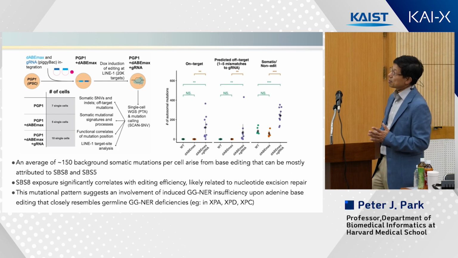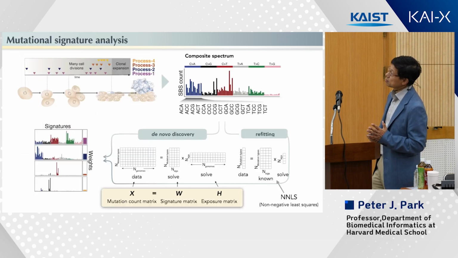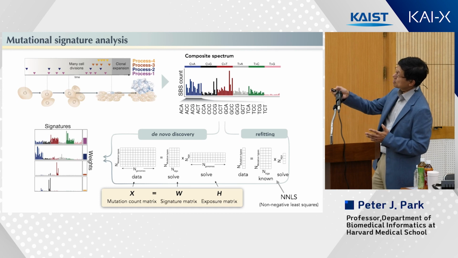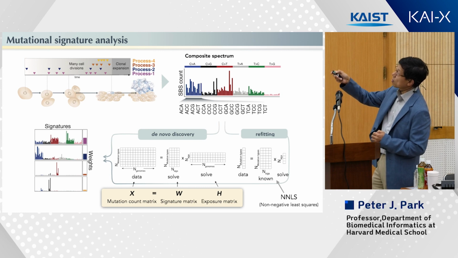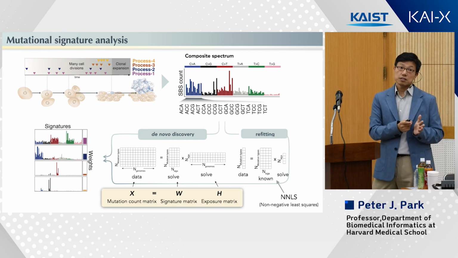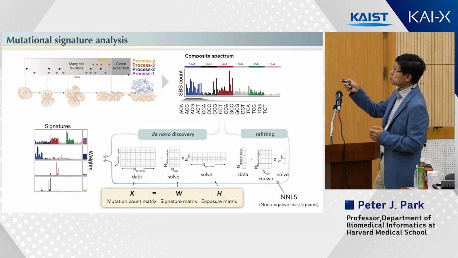Okay, because of time, I'm not going to tell you all the details of how we do this analysis, except to say that compared to wild type, when we have these editors added, you see more mutations, and this group is on-target mutations. But when we look at places away from the intended target site, we still see quite a bit of mutations.